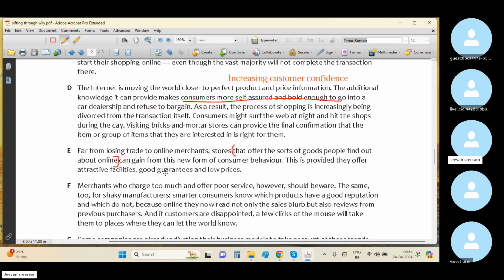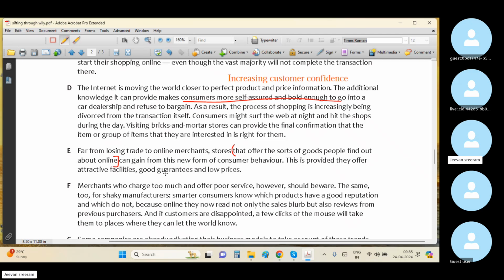People are generally drawn towards the online market because it may come up with different offers, right? If the offline stores also facilitate the same goods with the same guarantees and same offers, yes, offline stores can also get benefited. The sellers, the retailers can also get benefited.